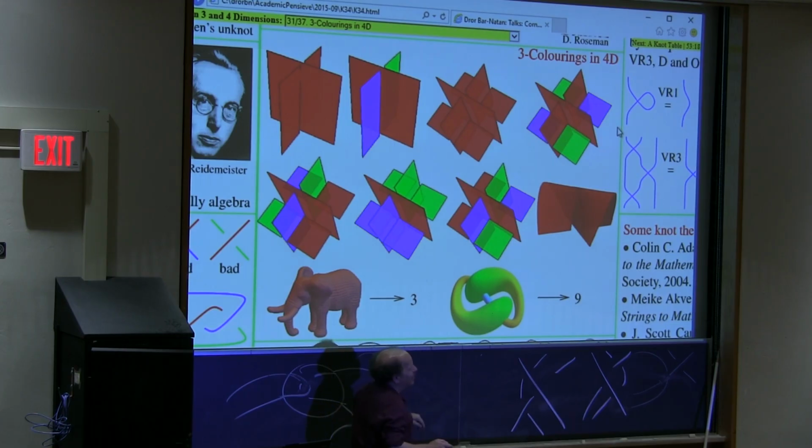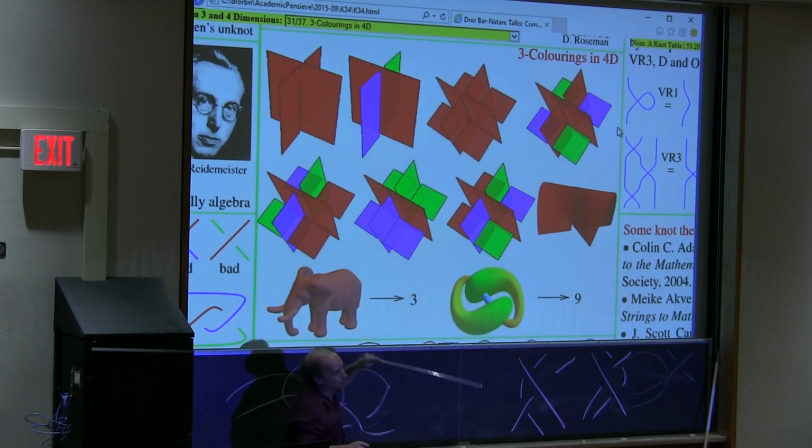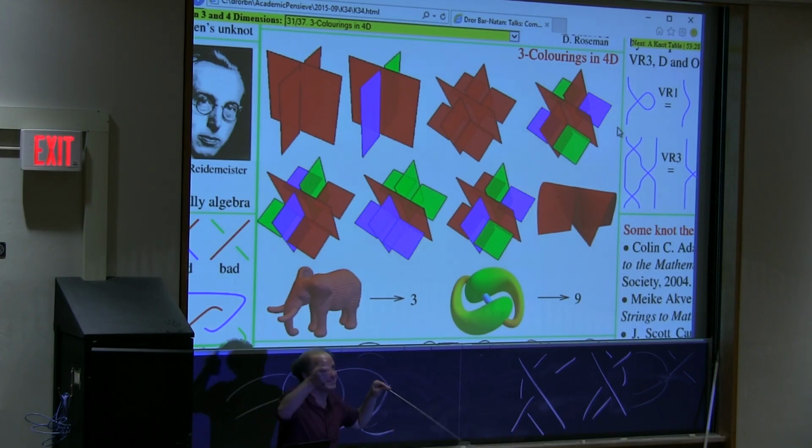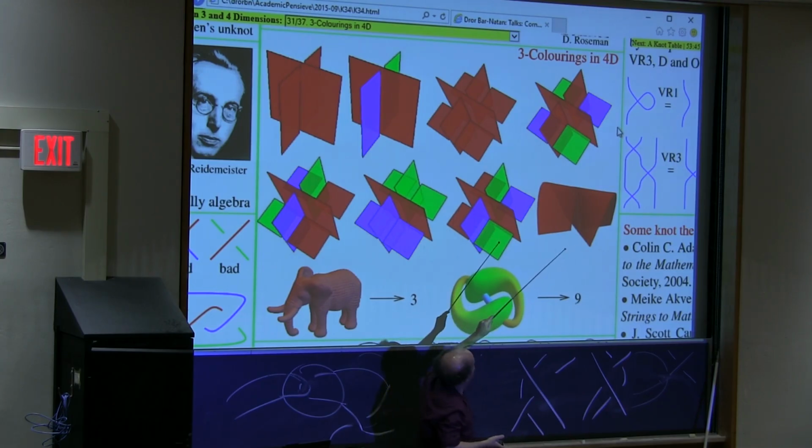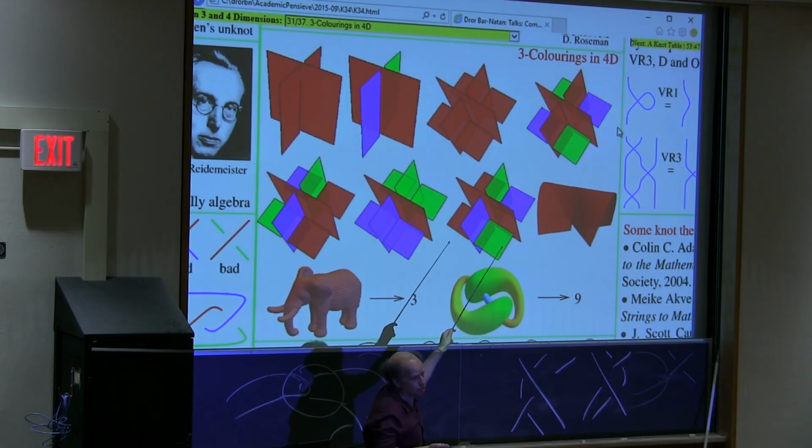Okay? And also here in these pictures, the colors no longer indicate depth. So you know, that's why I need more than one way to view things. Because now the colors indicate just this auxiliary coloring, the coloring that I'm counting. So if you look at the triple point, in order for a triple point to be good, all the double lines that appear in it have to be good. So it turns out that there are about 5 ways to color it.